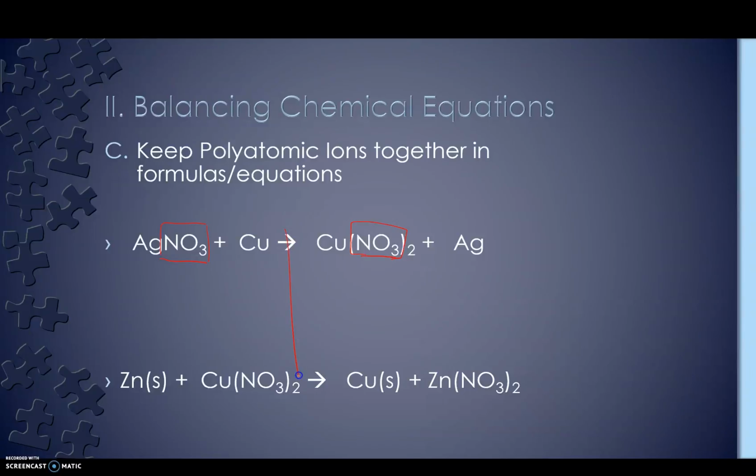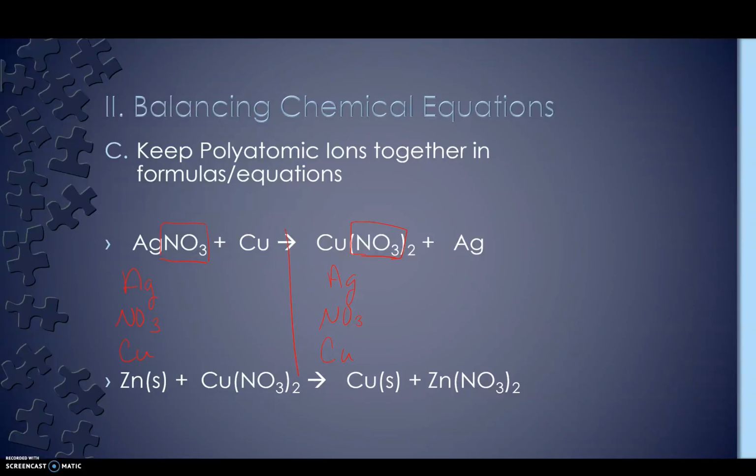Everything else you will split up. So we've got silver, we've got nitrate, we've got copper. We'll do the same over here, silver, nitrate, and copper. Again, I want you to do these on your own. Use the video only to check your answers.